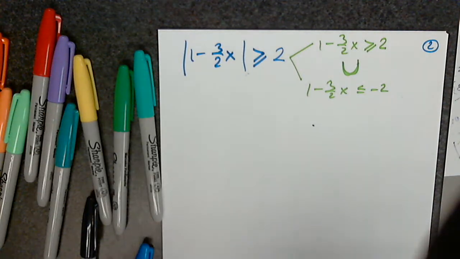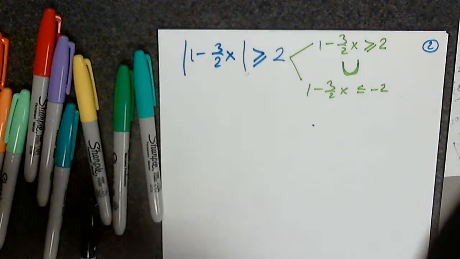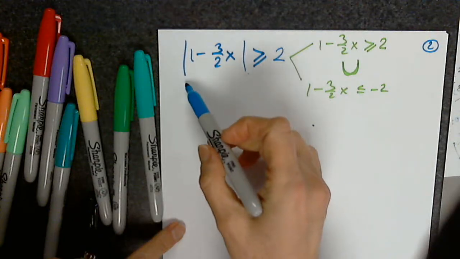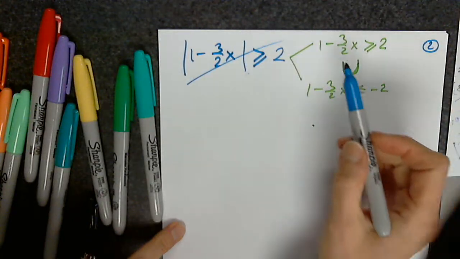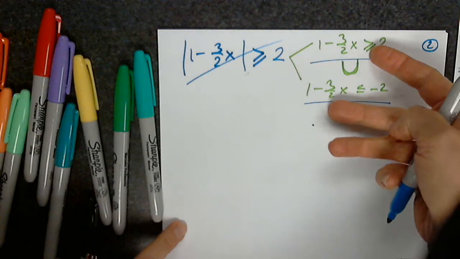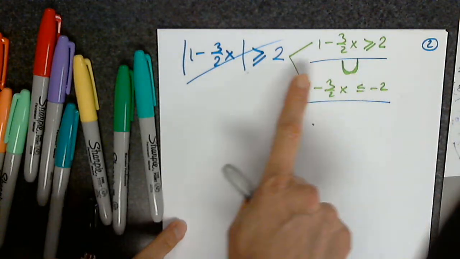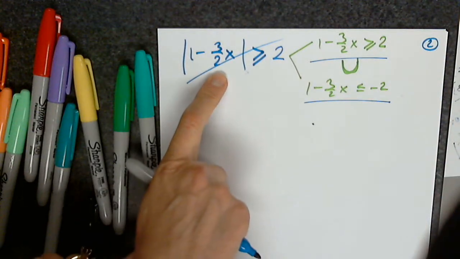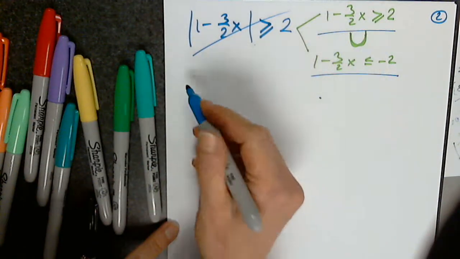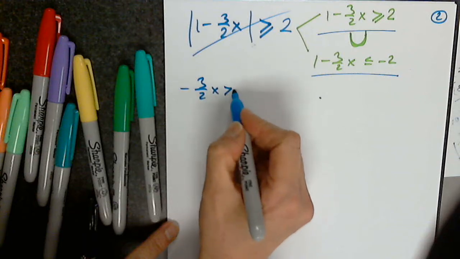Is this clear? Okay, so now remember, I'm making a point. You don't have to do this. I can solve this. But once I change it into these two, solutions of these two with a union in between will be the solutions of this. So I subtract 1. So negative 3/2 x greater than or equal to 1.